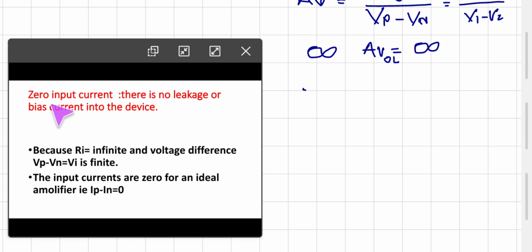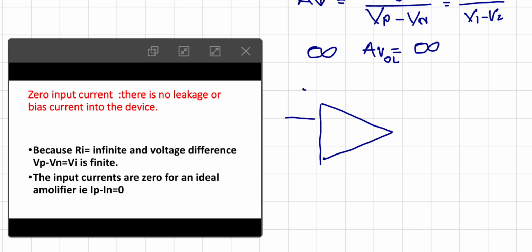So remember that this is an operational amplifier in which this is one input terminal, this is another input terminal, say this is inverting, this is non-inverting. As the resistance between these two terminals is infinite, the current flowing between this and this terminal, that is input current I, is equal to 0.